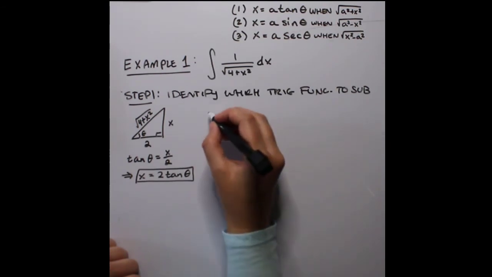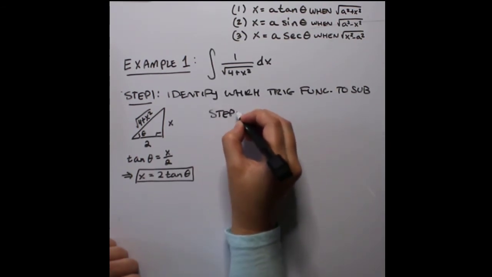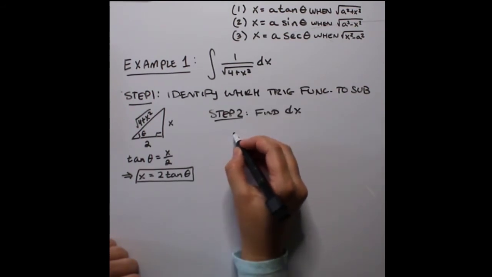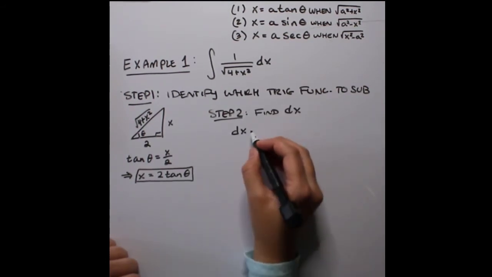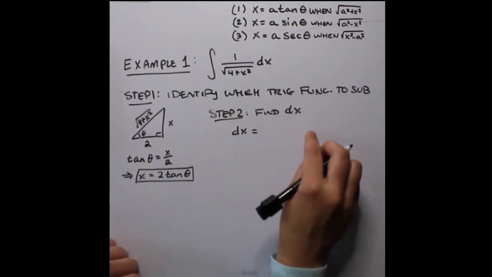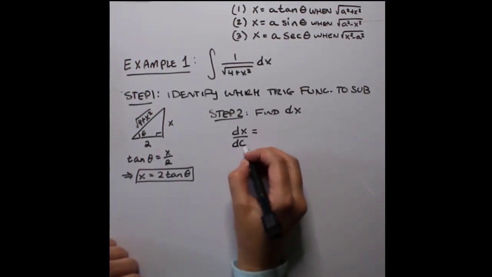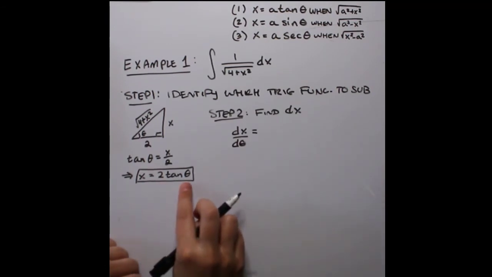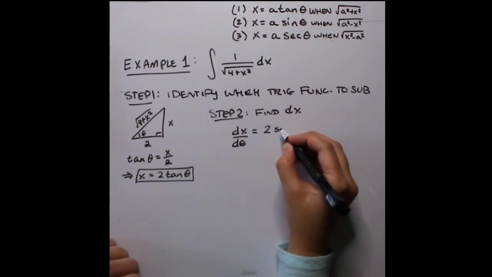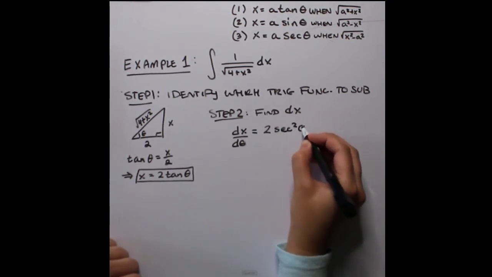And so step 2 is to find dx, because you're going to substitute that also. So the derivative of x, technically with respect to theta, so I'm going to move the d theta over, but I'll put it here just to show you. The derivative of x with respect to theta is 2 times the derivative of tangent theta, which is secant squared theta.